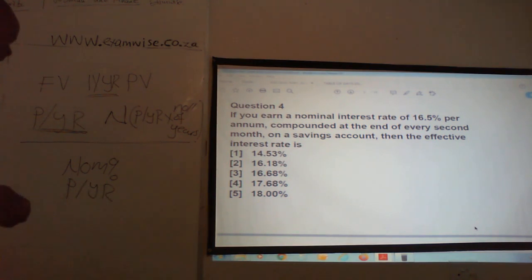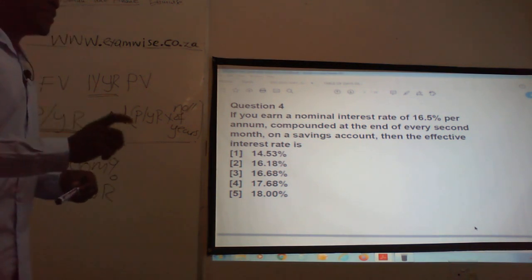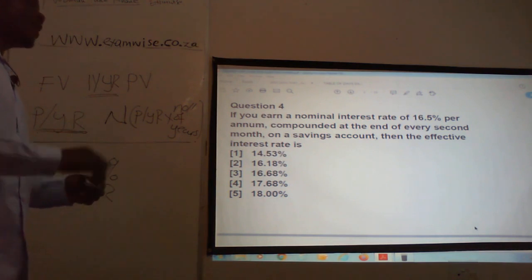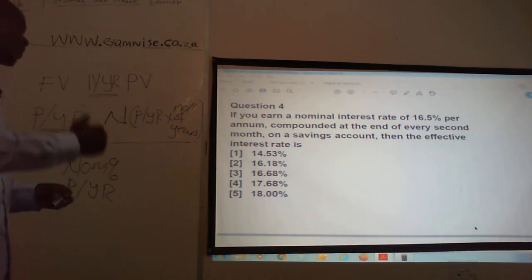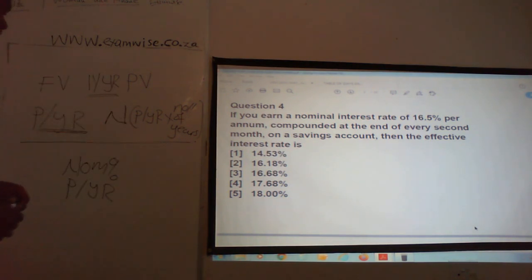At this stage, I hope you now know what P over YR stands for. P over YR simply refers to the number of times interest is compounded or calculated per annum. And then NOM represents our nominal interest. So these are the two variables which we need to calculate our effective interest.